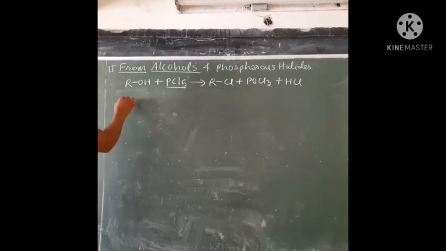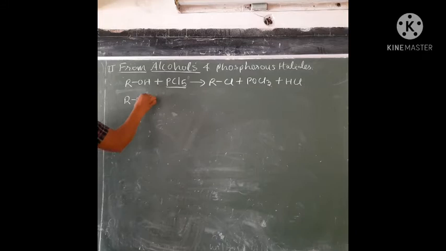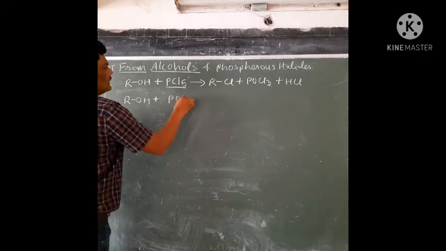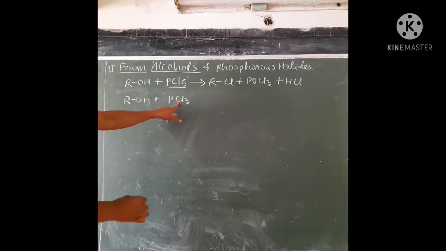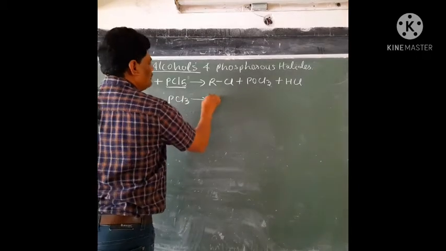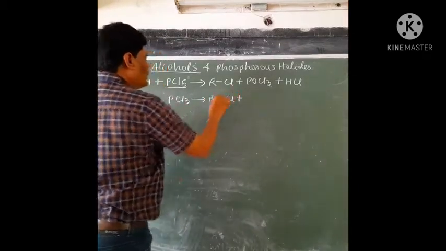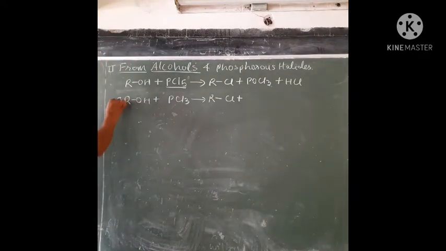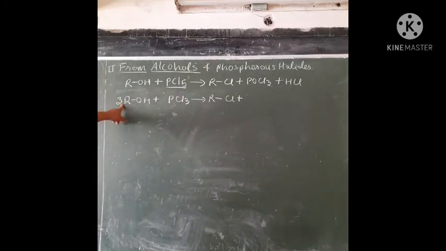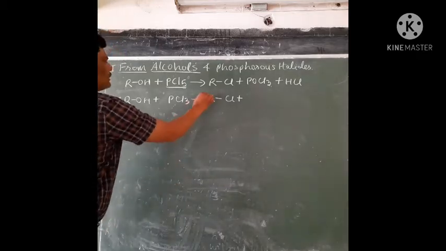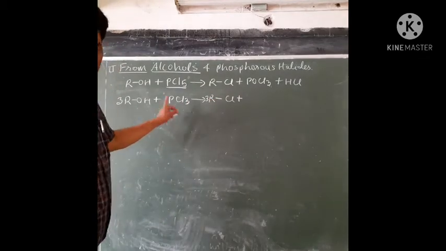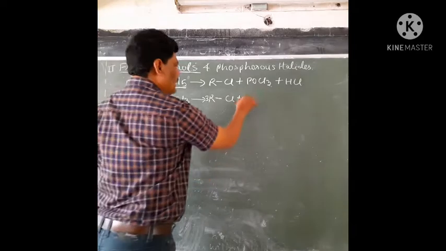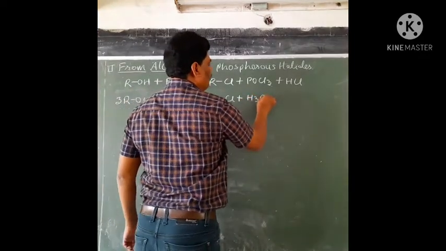And similarly, we can write ROH plus PCl3. This is called phosphorus trichloride. Again, it forms RCl. But student, with the PCl3 reaction, we require 3 molecules of alcohol. So when 3 molecules of alcohol react with it, it forms 3RCl plus H3PO3.